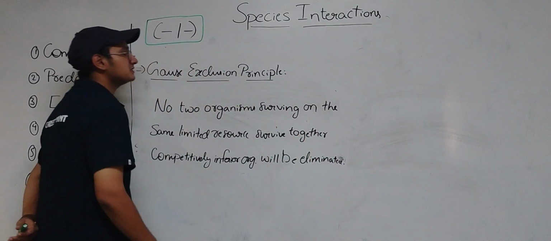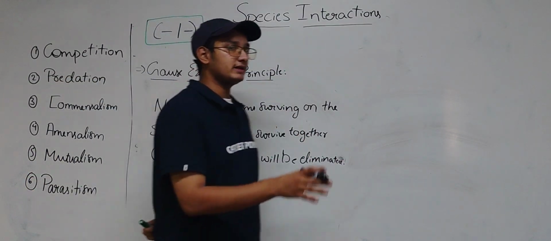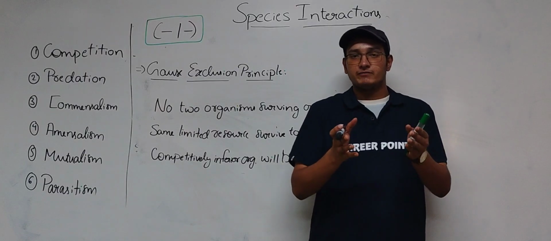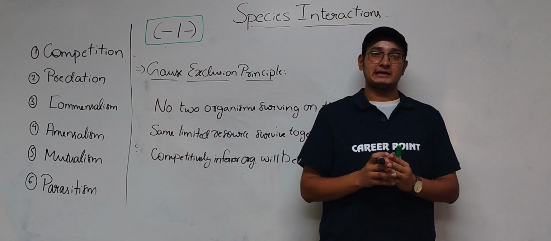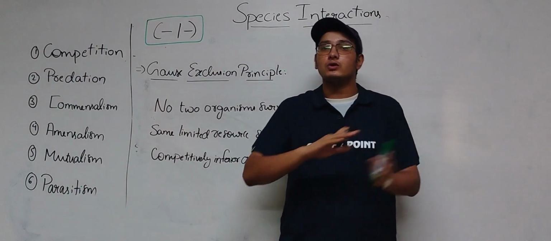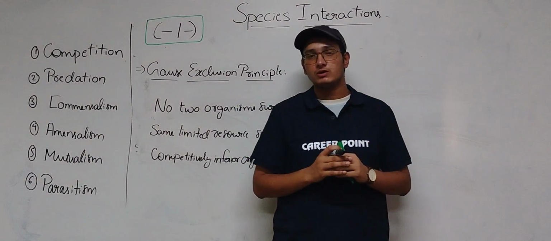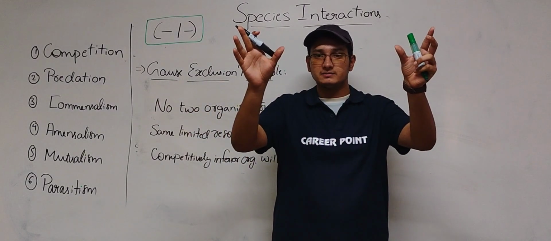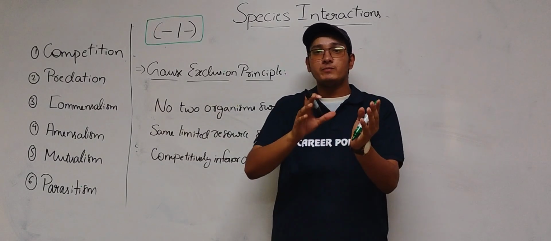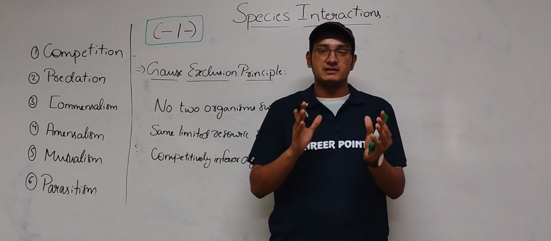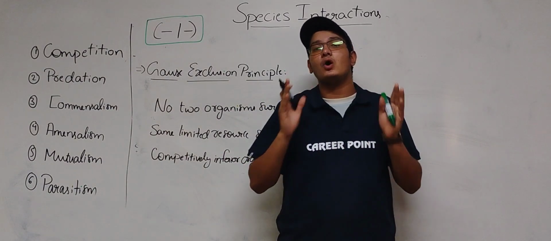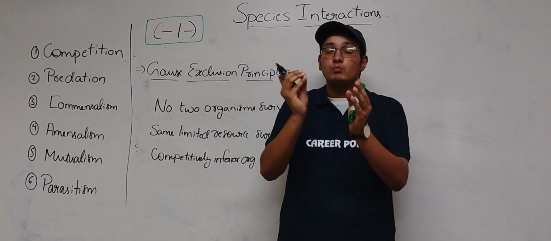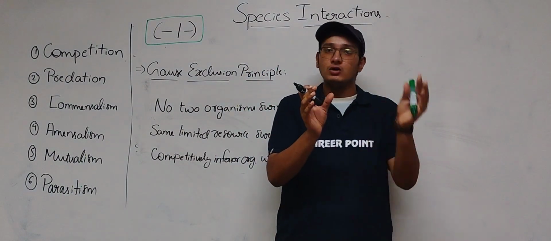So what Gause's principle says is, there are two different kinds of organisms feeding on the same limited resource. They cannot stay together for long. One should be eliminated. At one point of time the competition will increase and it leads to a superior competitor, which is getting more food than the other organism.